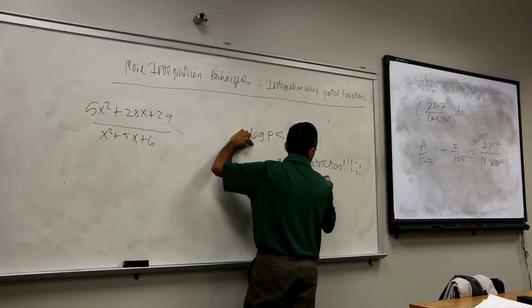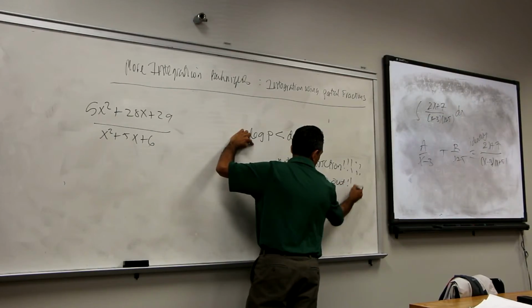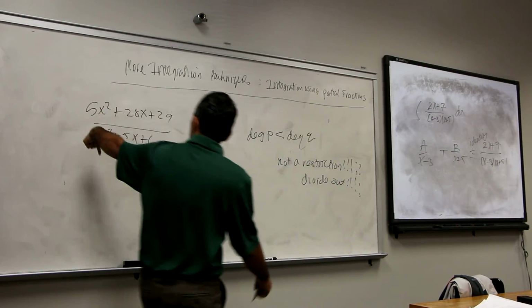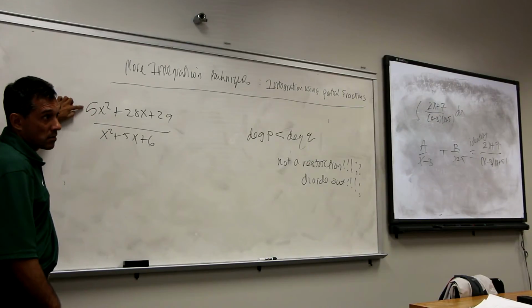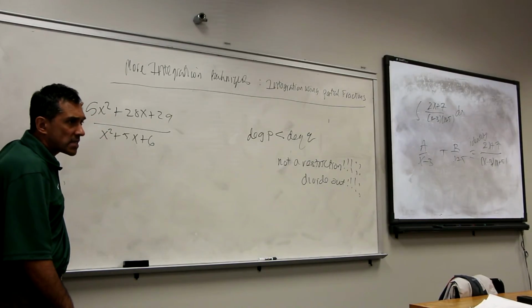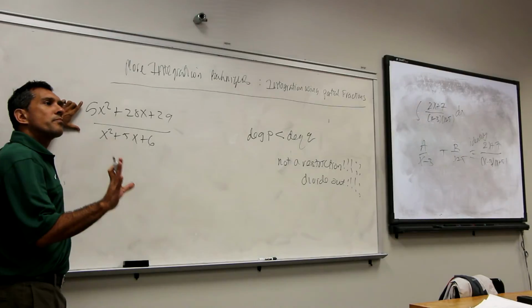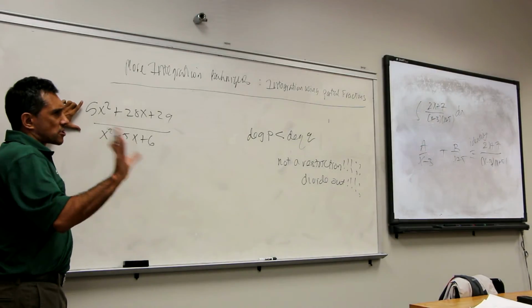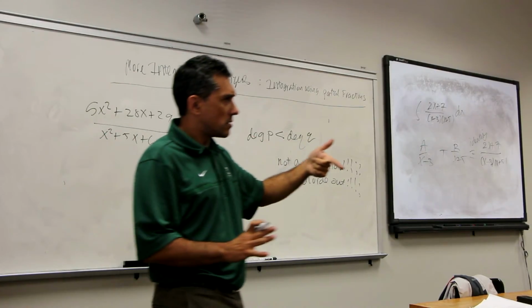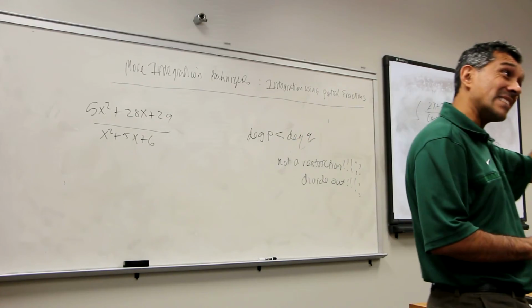We divide out. So what is the degree of the numerator here? 2. And the degree of the denominator? 2. So, strictly I cannot do partial fractions. But I can divide.